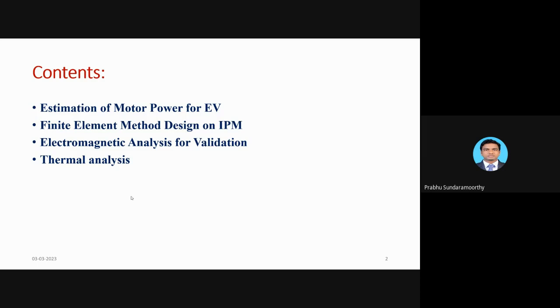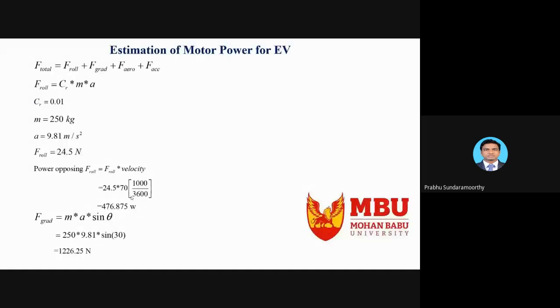And coming to our topic, first one is estimation of motor power for EV application. Since we have considered EV as an application, for designing an EV motor, we should first of all assume what is the value in kilograms of our vehicle.